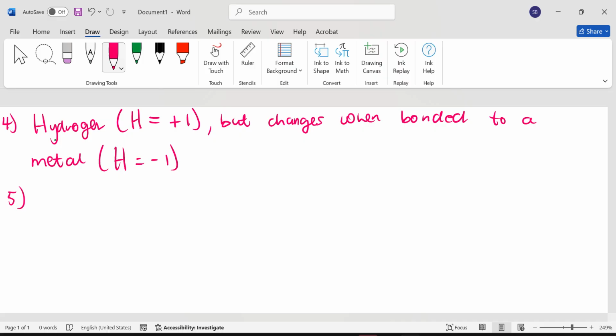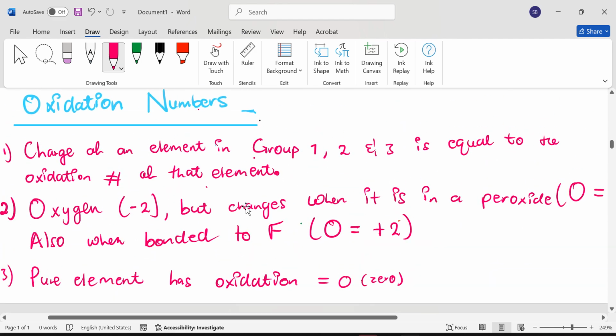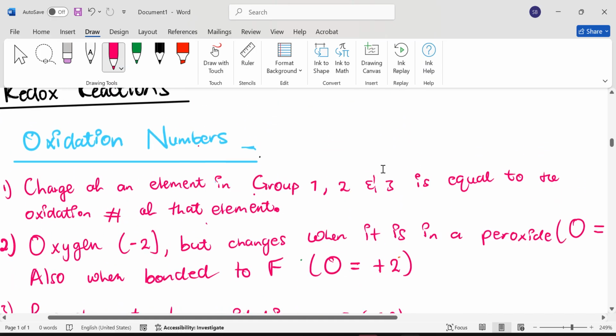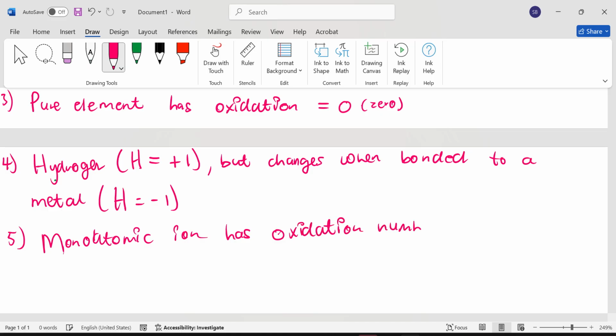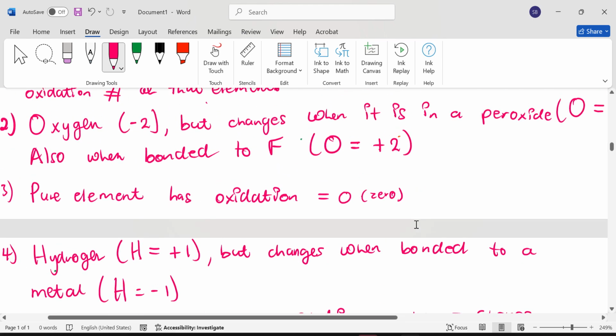So we say that a monoatomic ion has an oxidation number equal to the charge. I think I've mentioned this. It somehow relates to number 1.